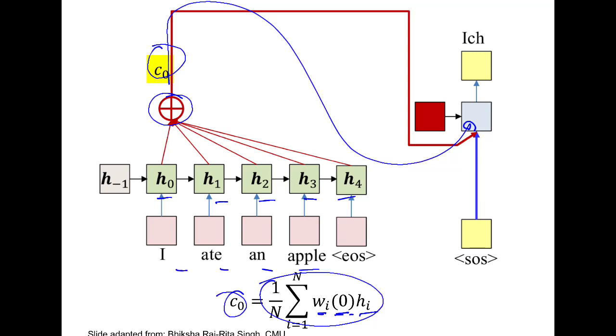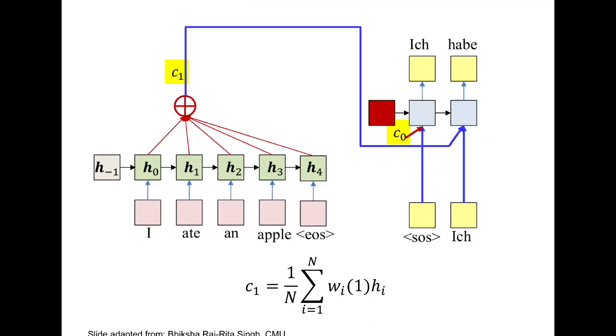Next time, I look at C1, which is a different set of weights, w_i1. I add these hidden states in those new proportions, and then I feed it to the next step in the decoder. Plus, of course, I also take the previous output and the previous hidden state of the decoder to compute the next hidden state. And so on.